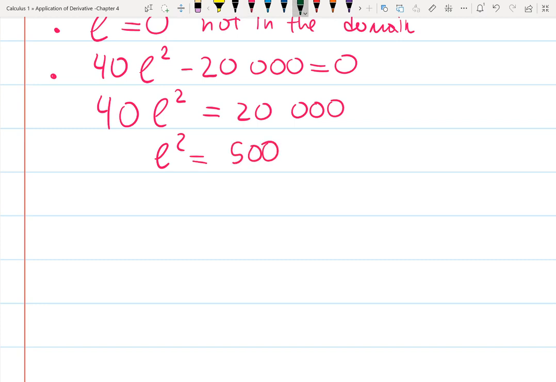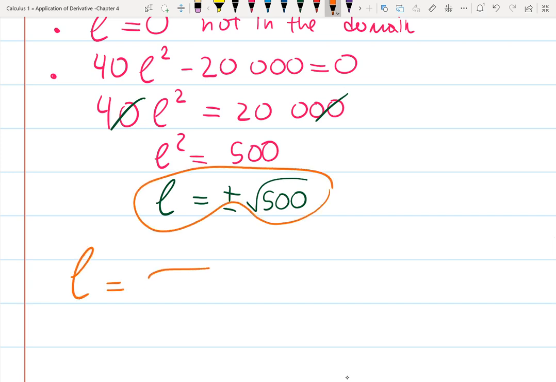Do you know how to do it? This 0 cancels with this 0, so I have 2000 over 4. That's 500. Then L equals plus or minus the square root of 500. Don't forget plus minus, but the negative one is not in the domain, right? So I can only use plus.